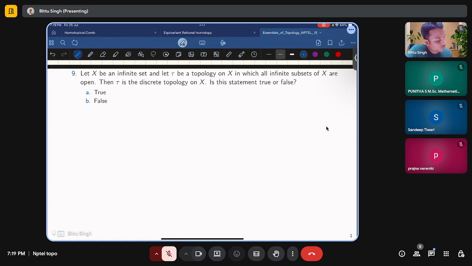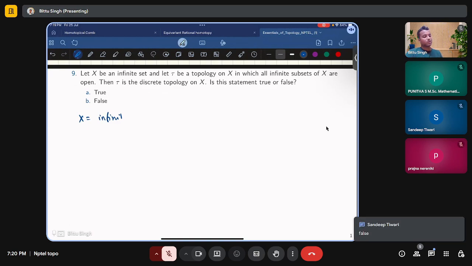So it is given that the size of X is infinite, and it is also given that tau contains all infinite subsets.